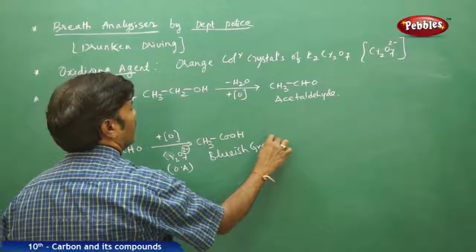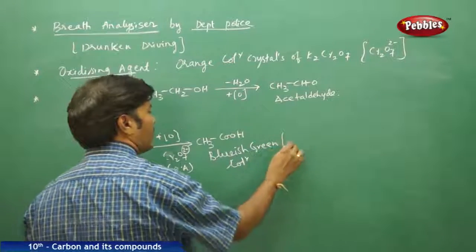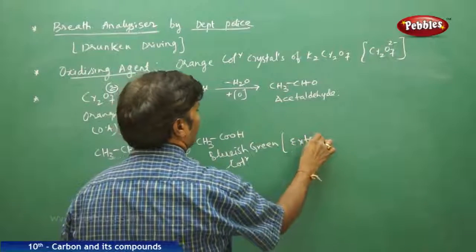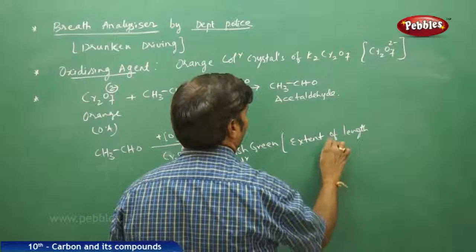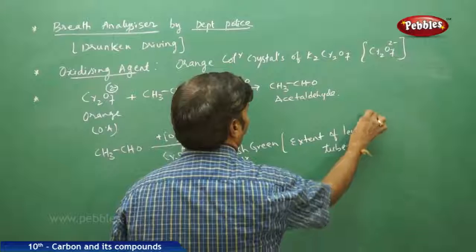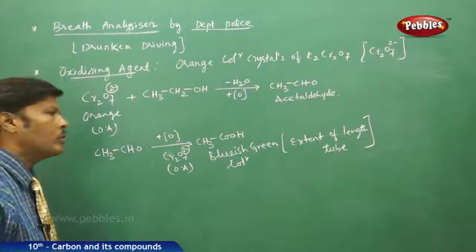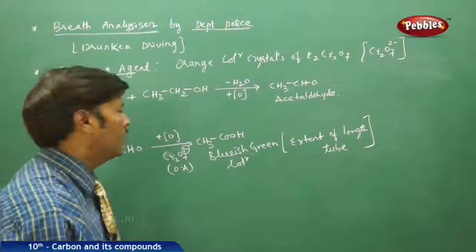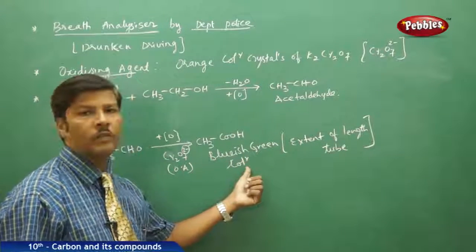green color, which is measured through the extent of the length of the tube. Whatever the length of the tube, the bluish green color is observed in that length.